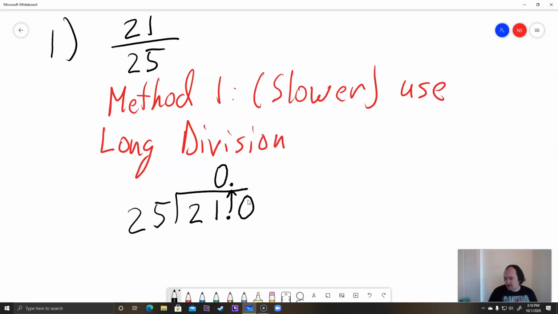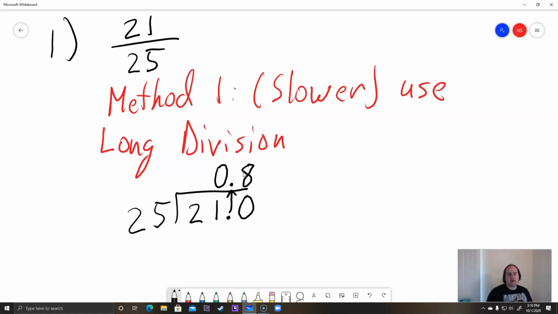All right, and we ask ourselves, how many times does 25 go into 210? So this 21 now has an extra 0 here. Well, I would say 8, because 8 quarters gives you $2, right? So 8 times 25 is 200. So we're going to put an 8 up here.